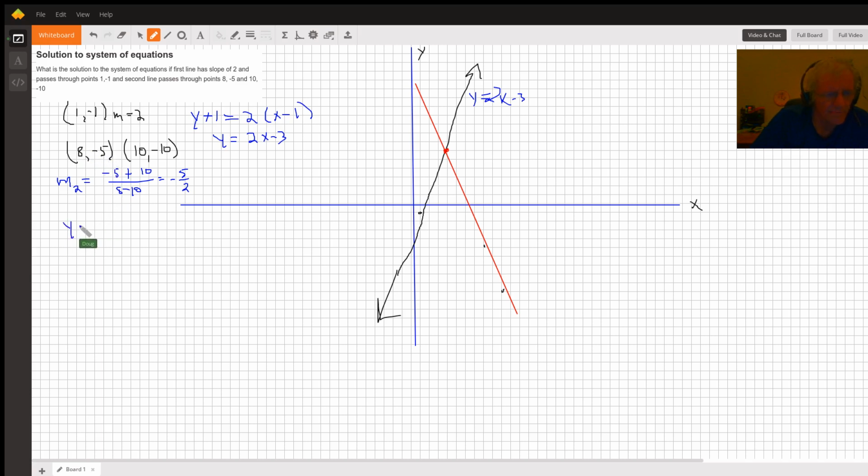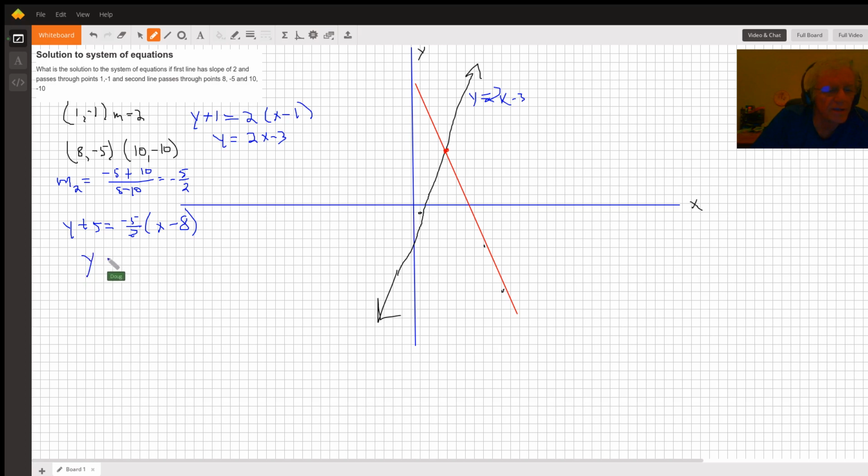So y minus -5 equals the slope times the quantity x minus 8. And if I wanted to, I could remove the parentheses over here and get the y by itself.